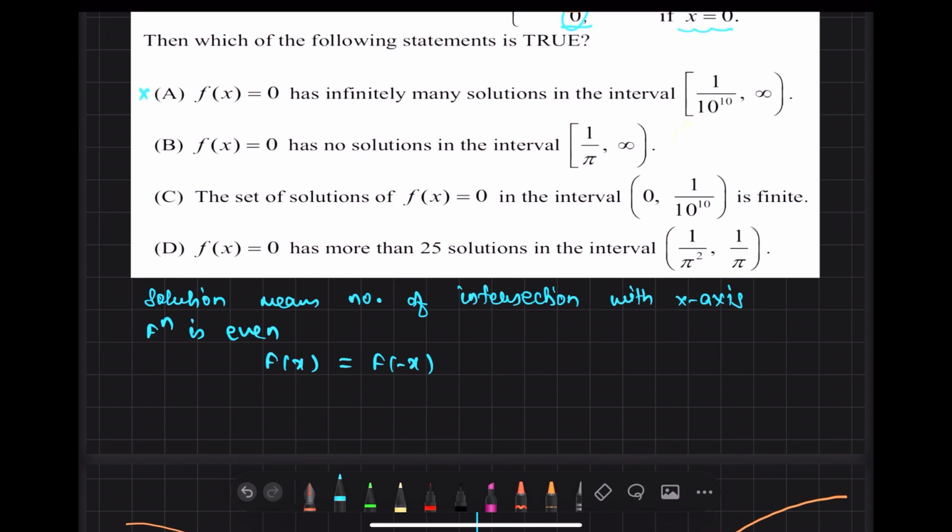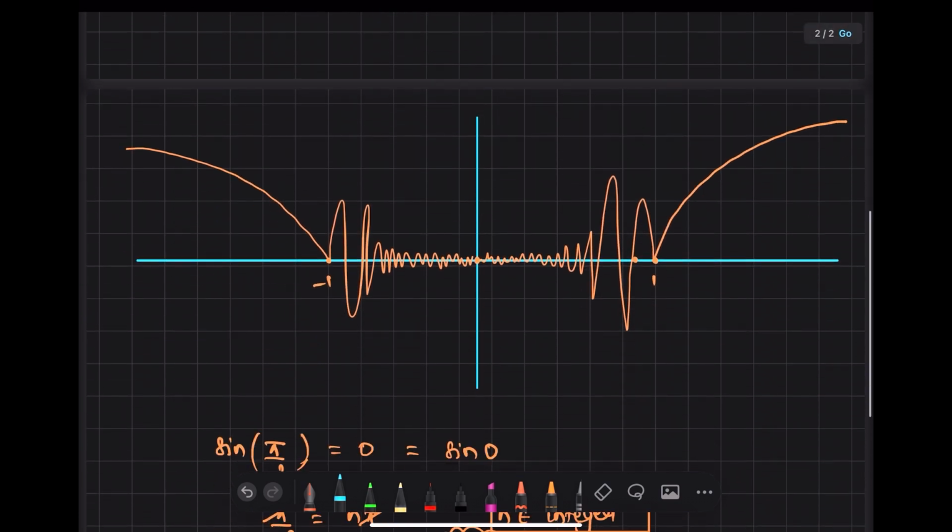Now, f of x equals 0 has no solution in the interval. So 1 by pi: you know that the approximate value of pi is 3.14, so it is 1 by 3.14, approximately 1 by 3. Suppose this is pi.